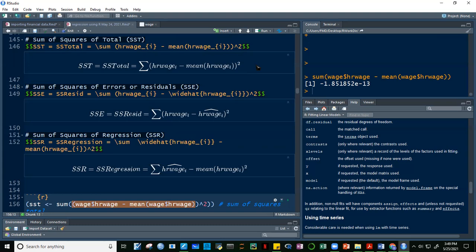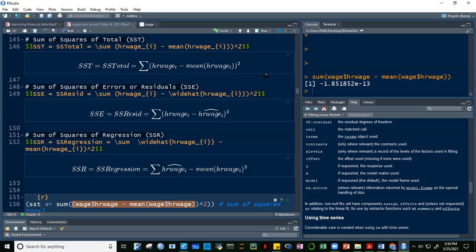And if we're being asked to model your hourly wage, the only thing that we can do is get the average of hourly wage. Okay? So ito yung difference ng bawat value ng dependent variable natin sa average niya. And then in-square natin and then sinum up natin. Okay? So that's your SST.